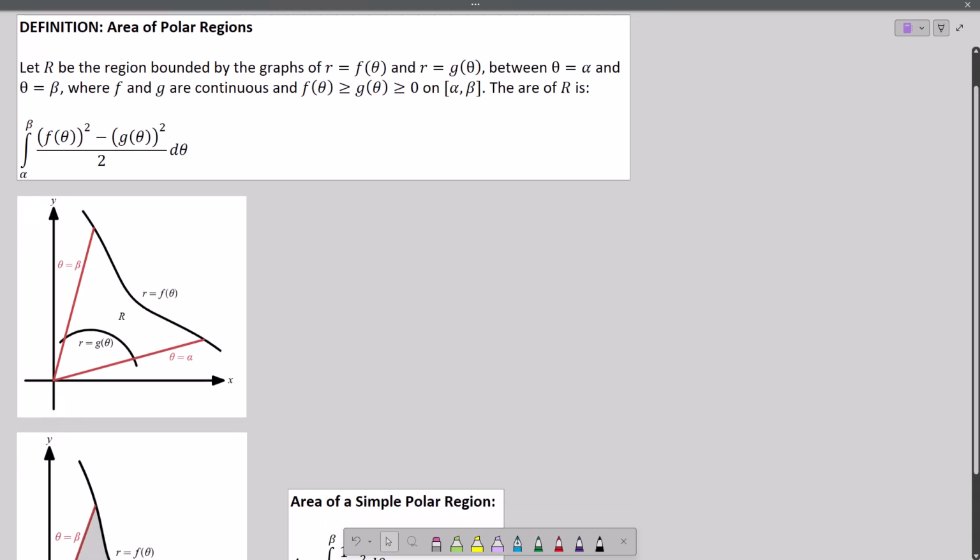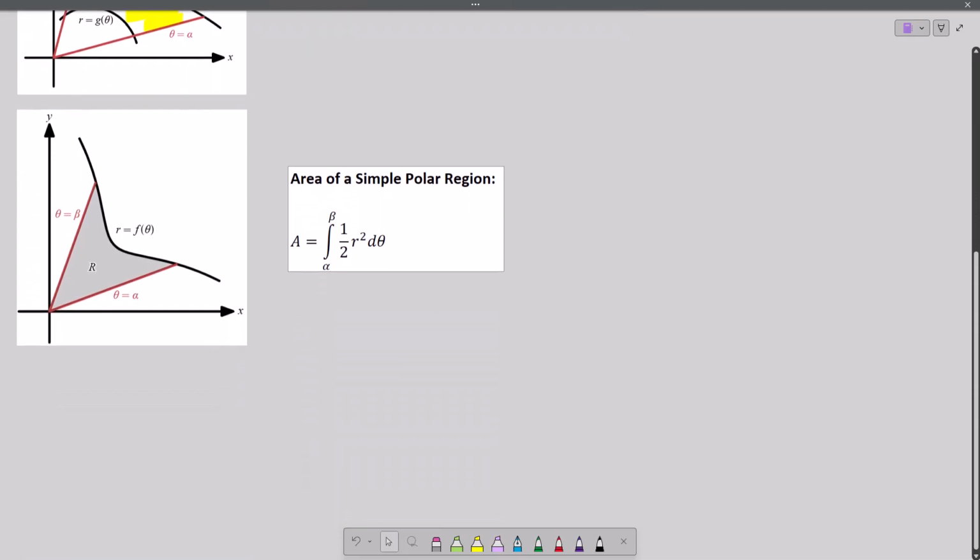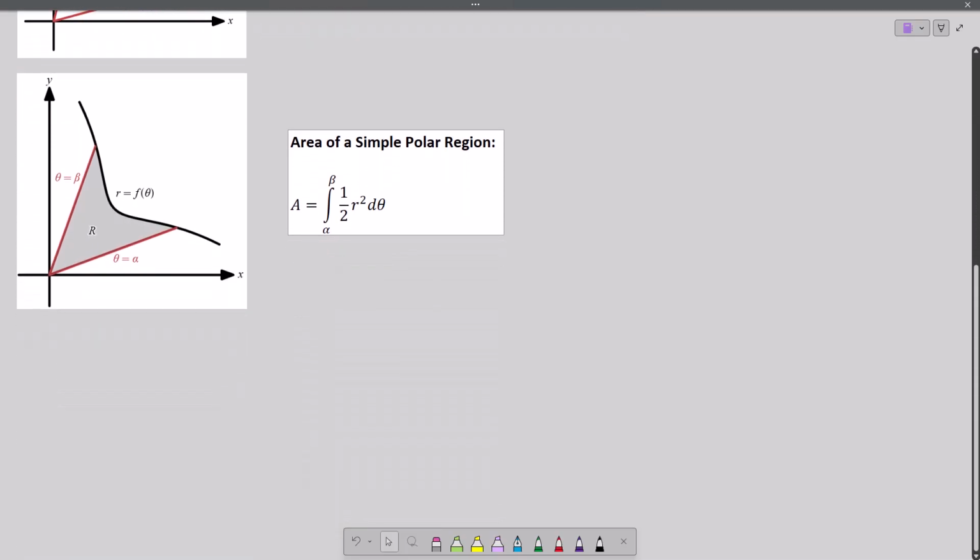So here's a picture of a general polar region. Now they generalized it right out of the gate. Let's pause on that for a second and come down here. If we just have a polar curve and we just want the area between the polar curve and the origin, so this polar region in here, all we do is integrate 1/2 r squared d theta.